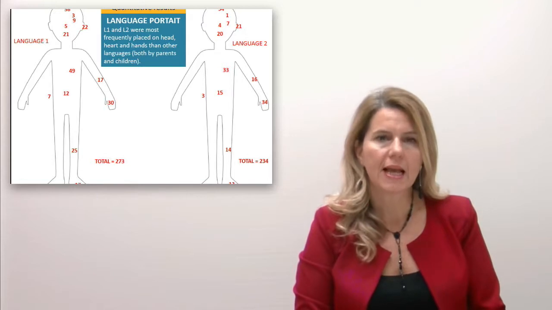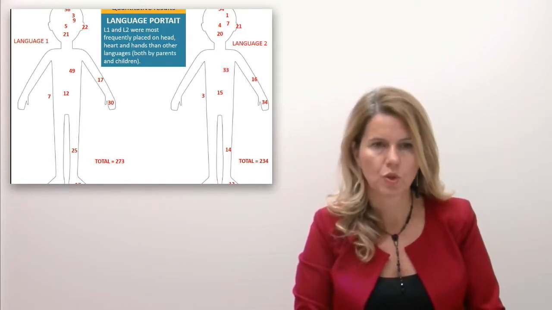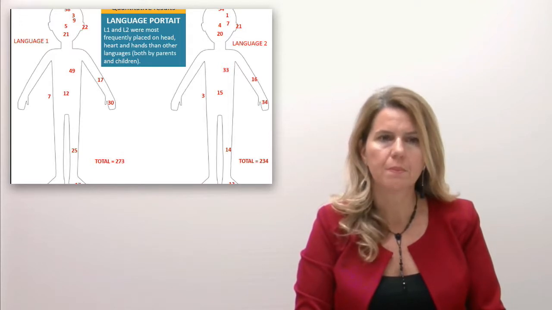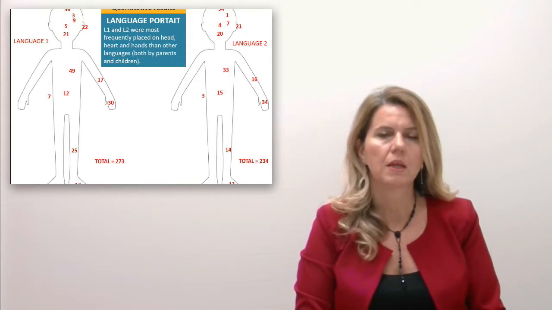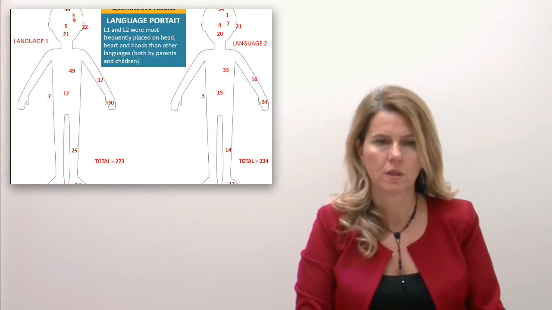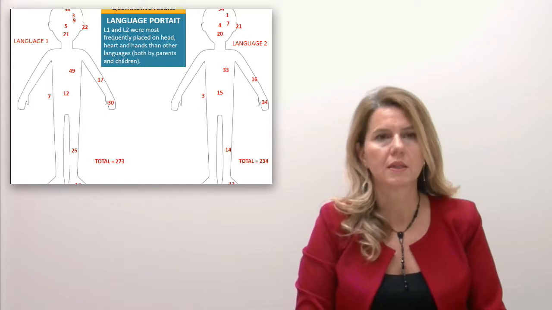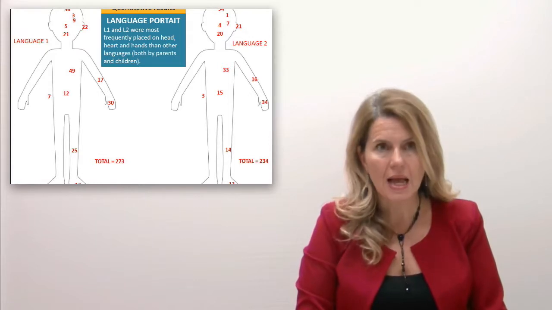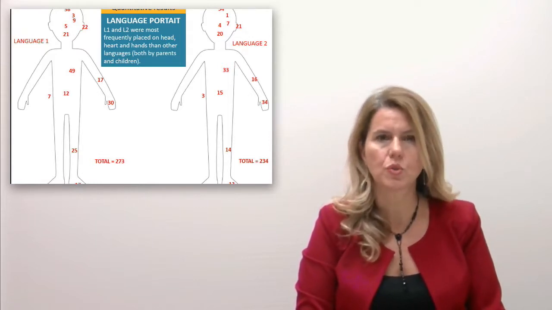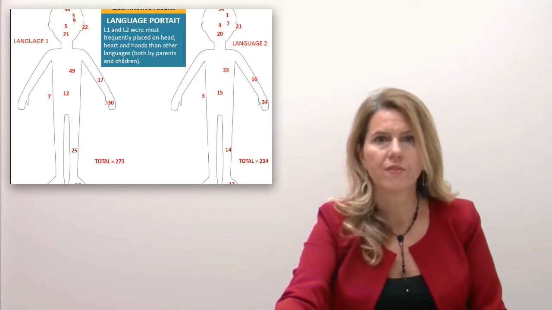In this case, we compared just language 1 and language 2, and all the numbers that you see in the picture represent the number of times that each language was placed in a particular part of the body figure. So you can see that, for instance, language 1 was placed 56 times in the head, and language 2 was placed 54 times in the head.